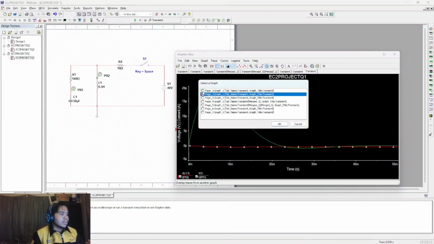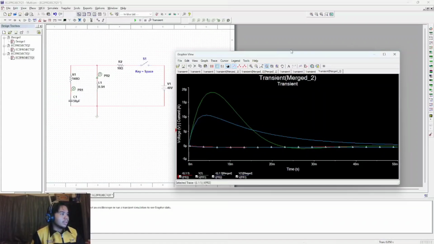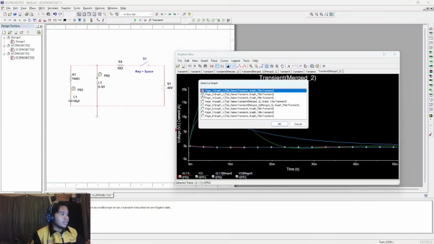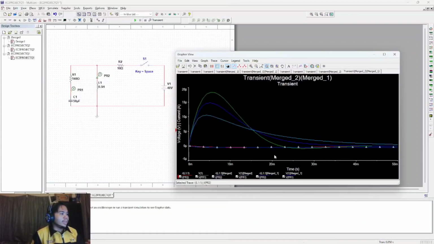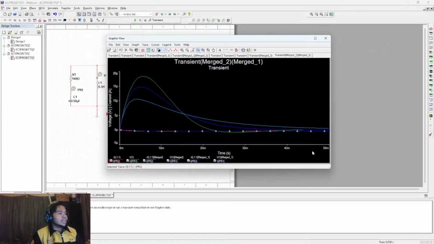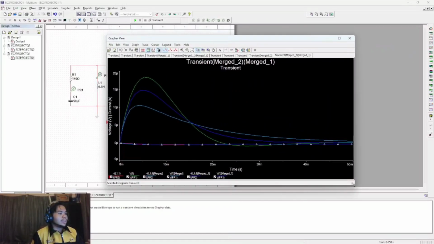We need graph 1 and then graph 2. Alright, so this is all three of the graphs that we get, which is the first one, the green one is overdamped, the blue one is critically damped, and the light blue one is underdamped.